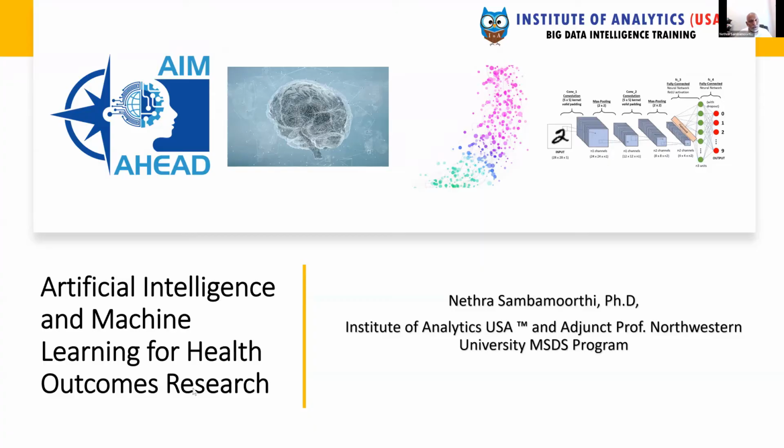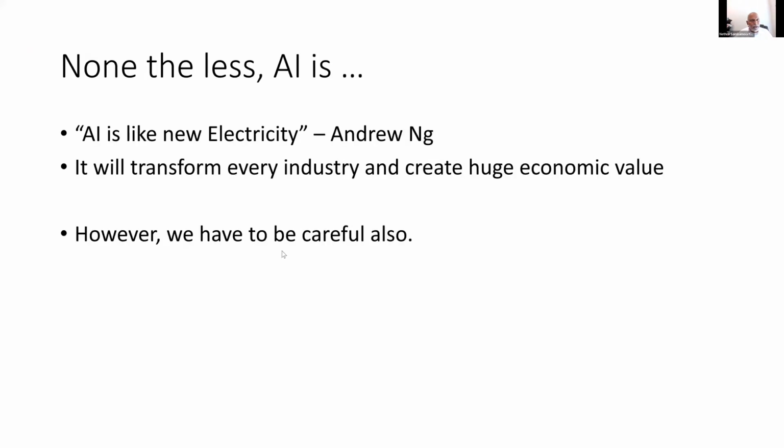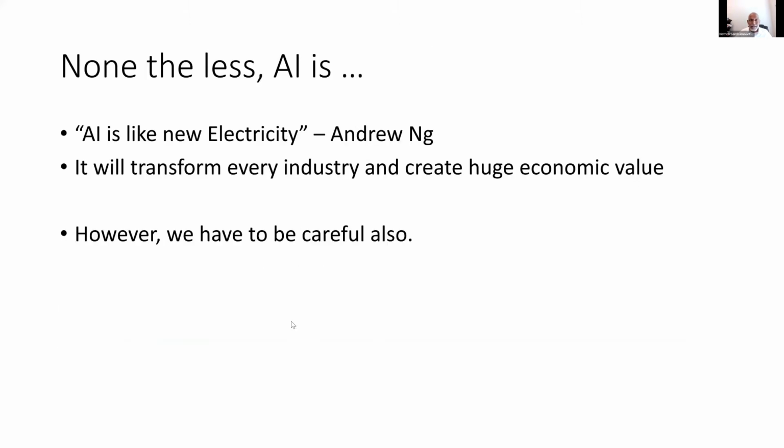While this is happening on your side, please don't hesitate to put your positions or opinions. It's okay. It's fun, really. So I told you that prediction and AI can be devastating. People can be put in jail because people believe so much in the scientists, in the data scientists, in the prediction scientists.